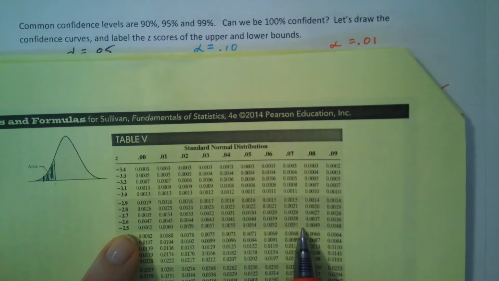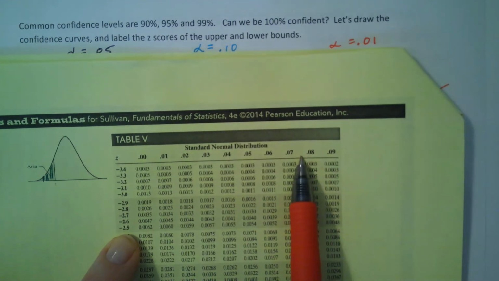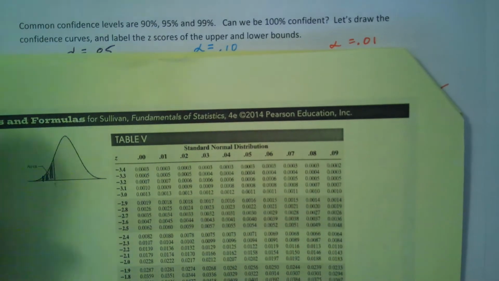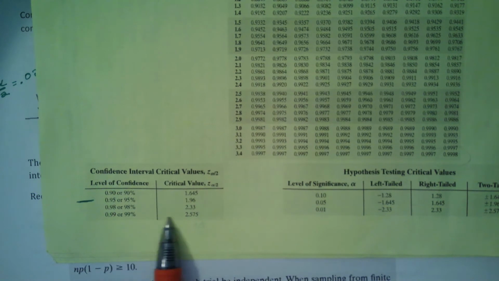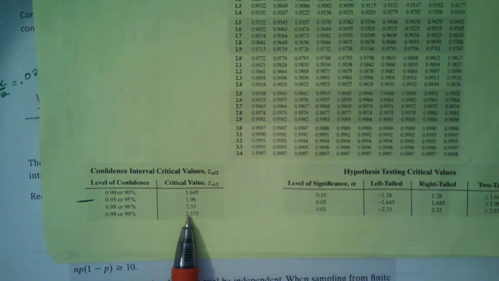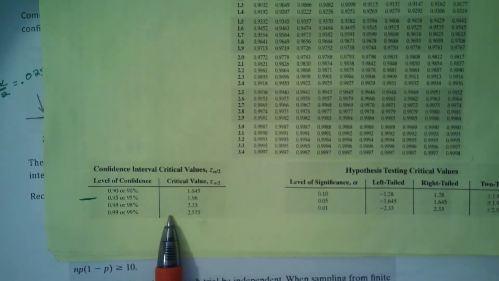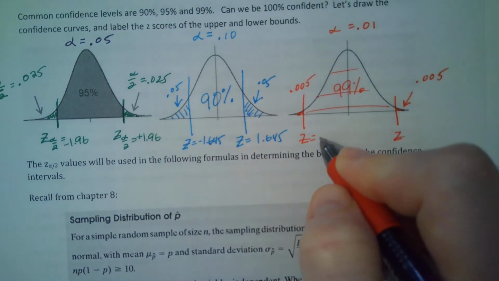So our z-score will be negative 2.575. And again, those are written down here anyways. So for a 99% confidence, you're going to have a critical z value of 2.575, either negative or positive. So we got our z-scores. Let me write those in.